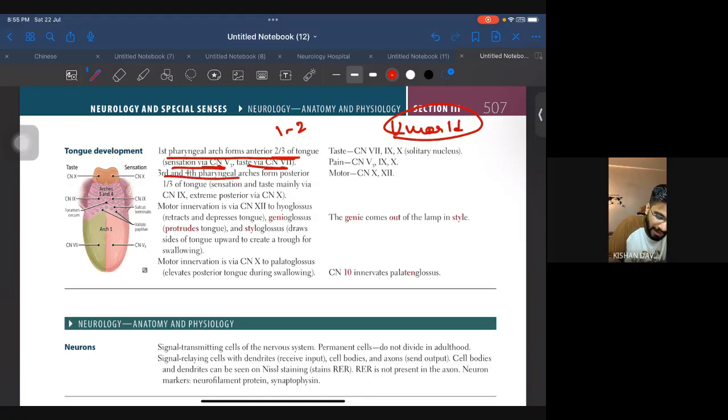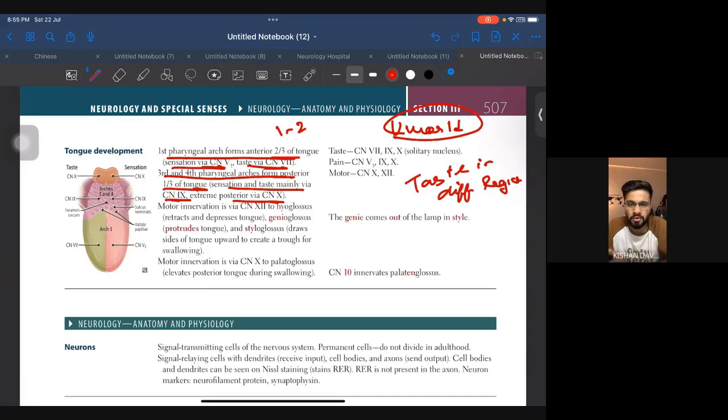Third and fourth pharyngeal arches form the posterior one-third of the tongue. Sensation and taste mainly via 9, extreme posterior 10. So what they will ask is about taste in different regions of the tongue. It can be anterior, it can be posterior. Now one thing, if they say posterior, your answer will be 9.